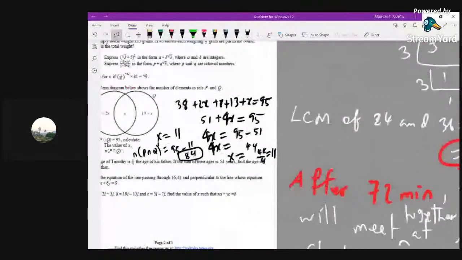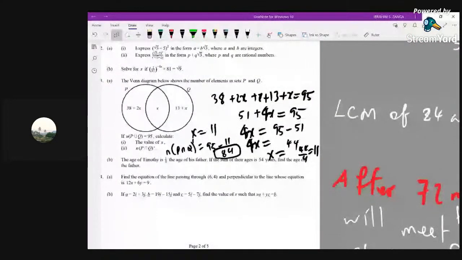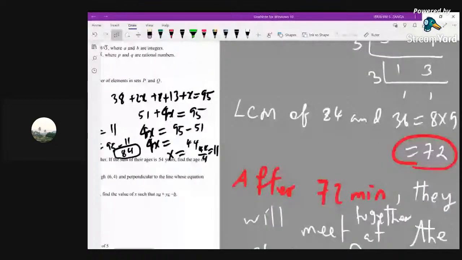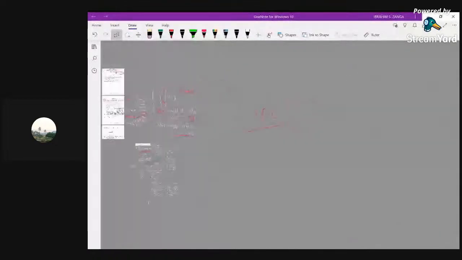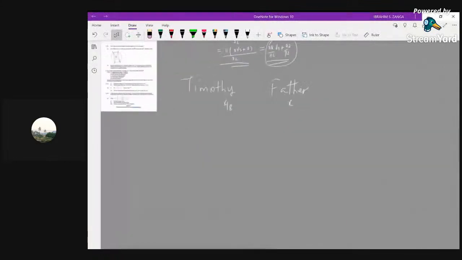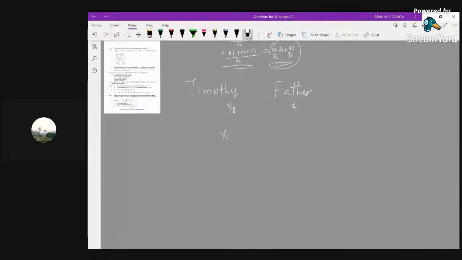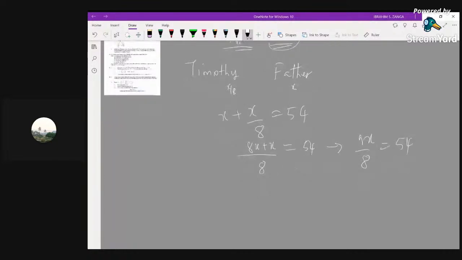Then the sum of their ages is 54 years, and we must find the age of the father. So if I take x plus x over 8, I'm going to get 54. Putting in the common denominator 8, it is 8x plus x over 8 equals 54, meaning 9x over 8 equals 54.